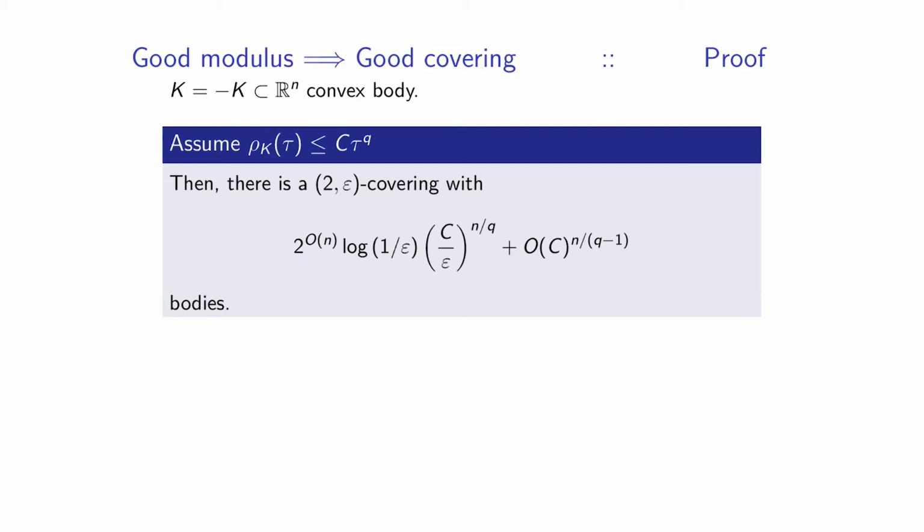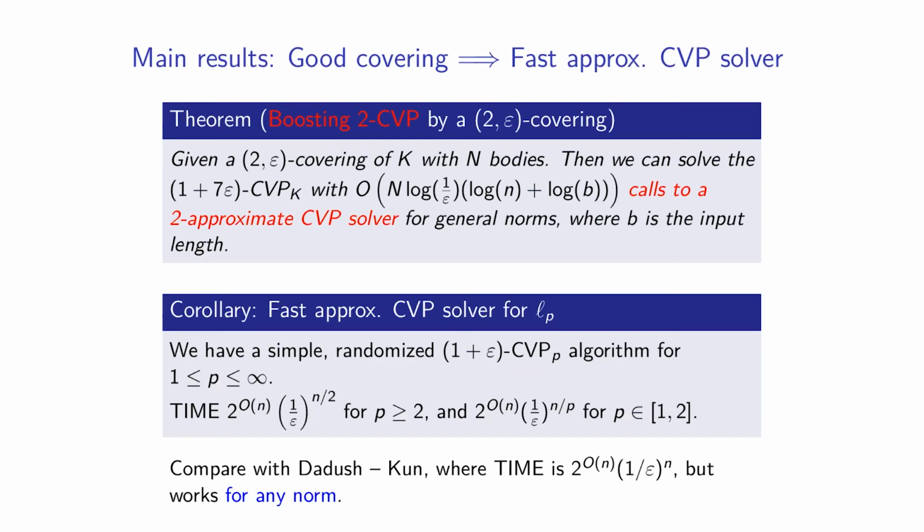Yes, Marty, there is one question. Can you return to the previous slide? Sure. I don't understand, for LP spaces, you have this constant. It's not 2 to the O of n. If this constant for LP spaces is of order p, then it must be p to the n.